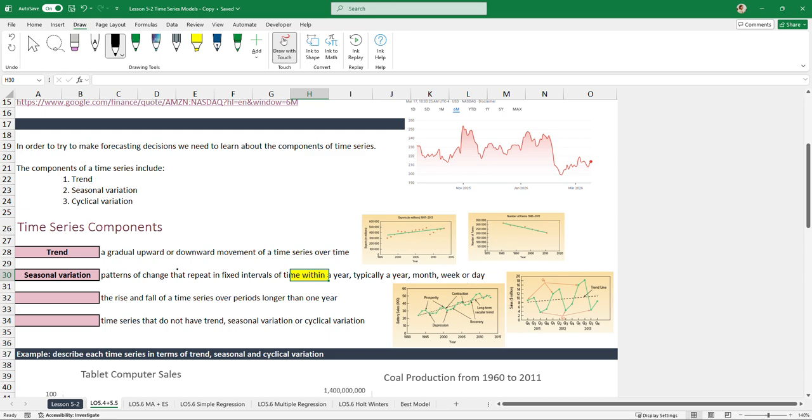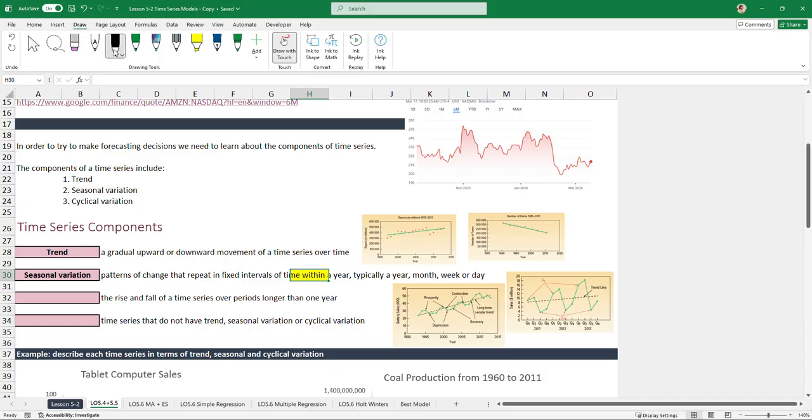Usually this happens if you have yearly patterns where you have high sales in certain months or weeks or even on certain days of the year. So this could be that every year your business sees the biggest sales on Boxing Day. And that could be seasonal variation since it is due to an event happening within a year.